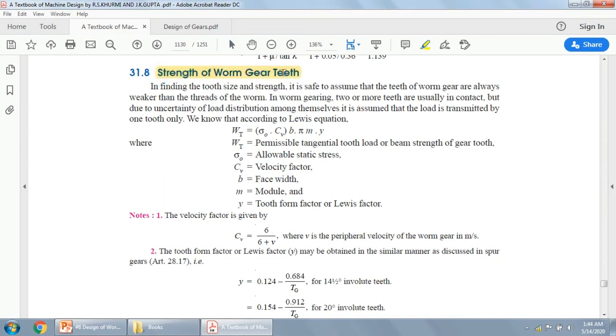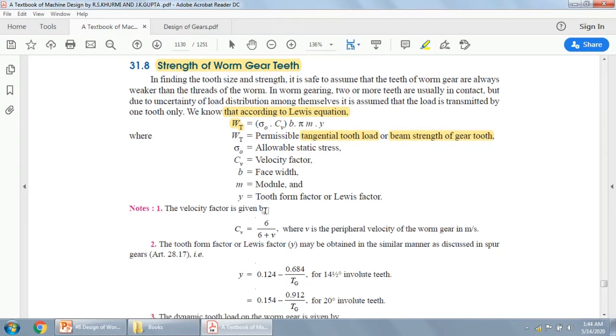In the last classes, in the design of spur, helical and bevel gears, we have seen that the transmitted load WT, that is the permissible tangential tooth load or beam strength of the gear tooth, is given by Lewis's equation. All these parameters are clear to you from the last classes, so I am not going to repeat it.